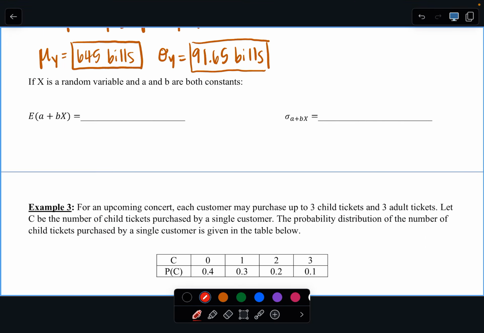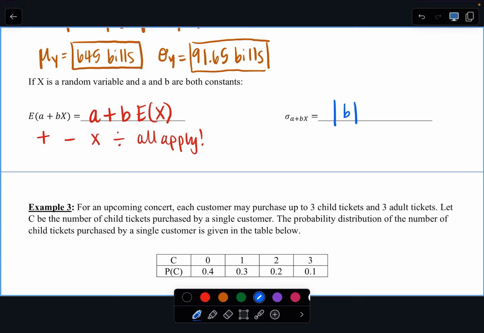if I am applying transformations to the mean, every single thing that you do is going to affect the mean. So addition, subtraction, multiplication, division all apply. For standard deviation, the only thing that's going to affect it is whatever that scalar is, and it doesn't matter if it's positive or negative because standard deviations have to be positive because of the nature of taking a square root of something.